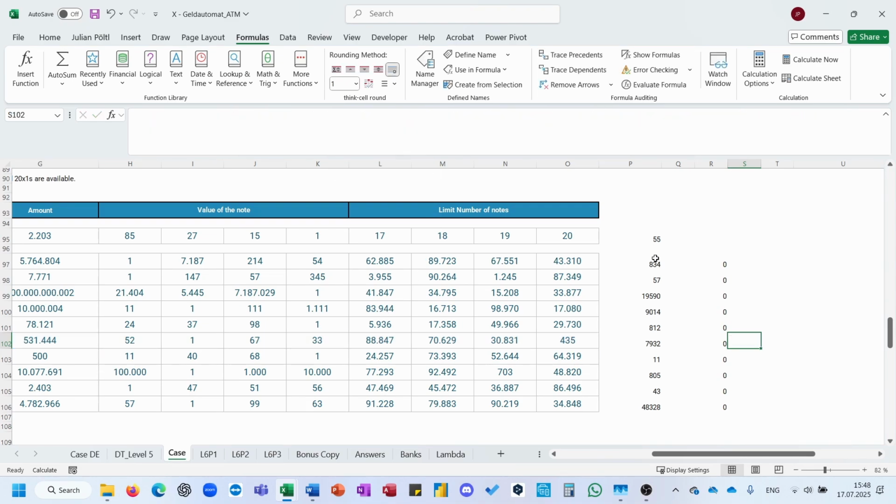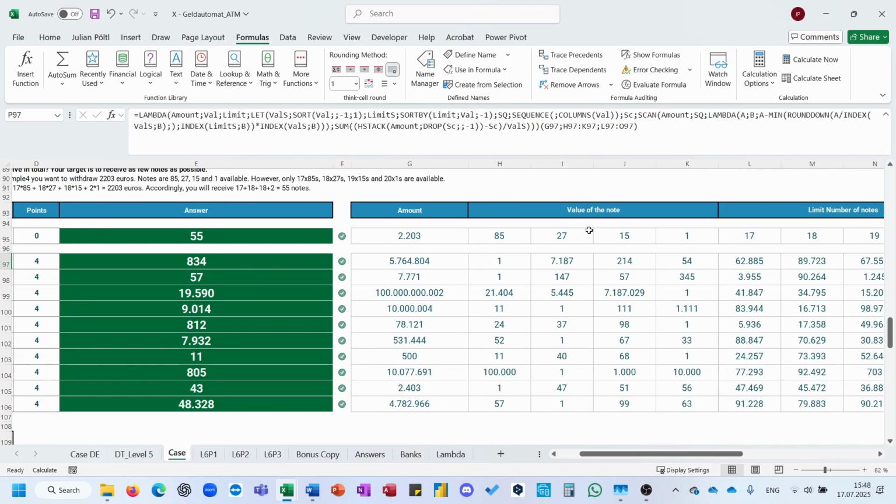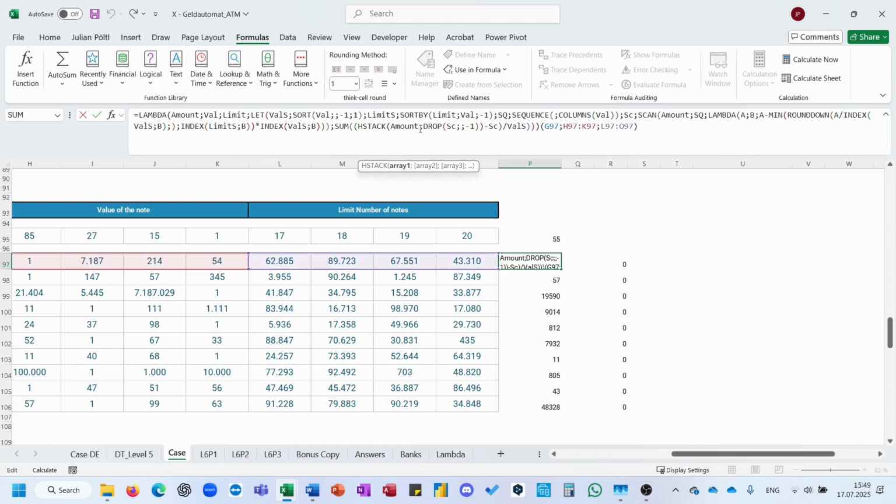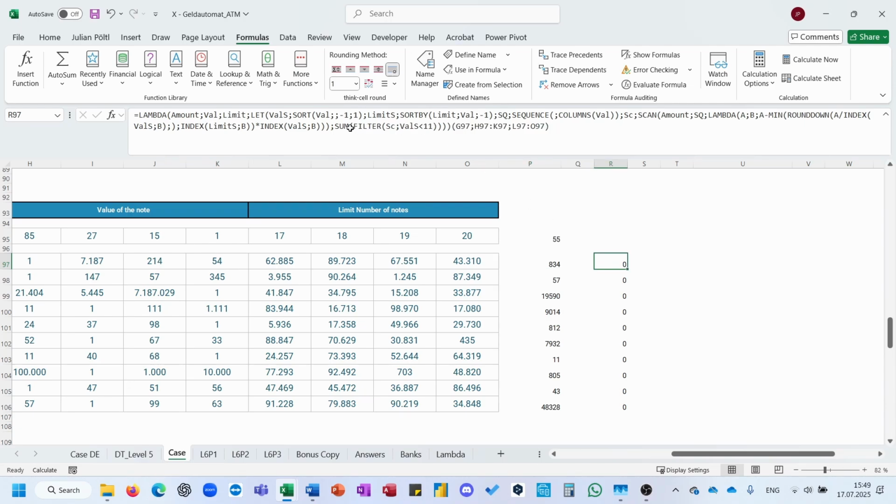SC is the number of, oh no, I should use this here. Is the number of nodes used.